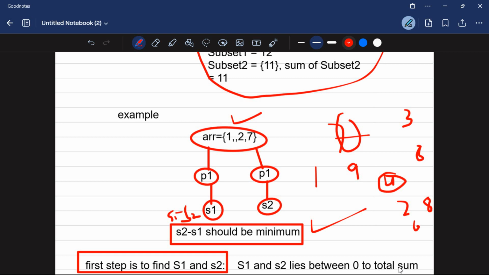It's obvious that if S1 is present, its sum lies between 0 and the total sum.